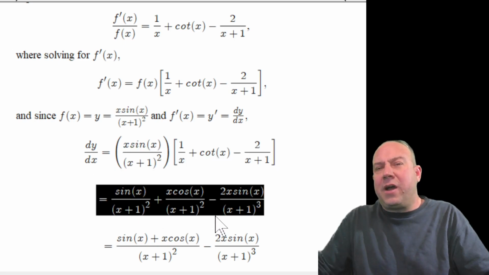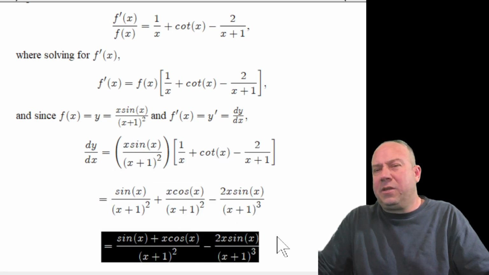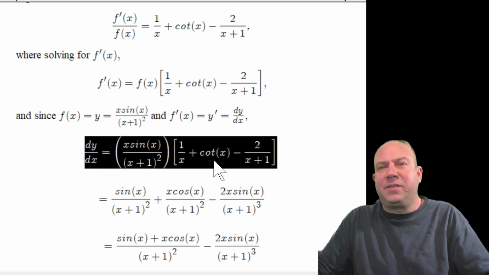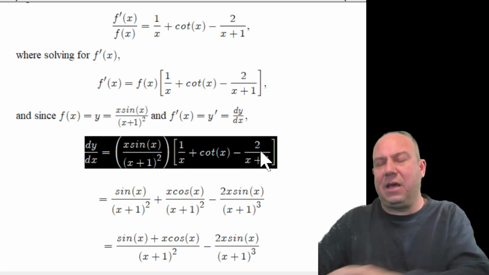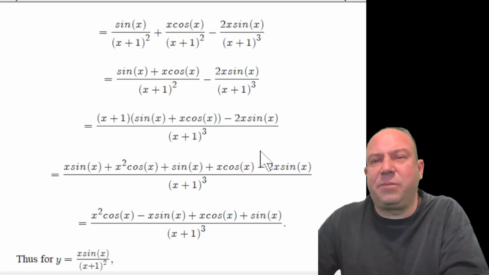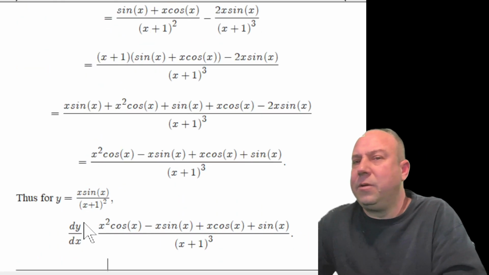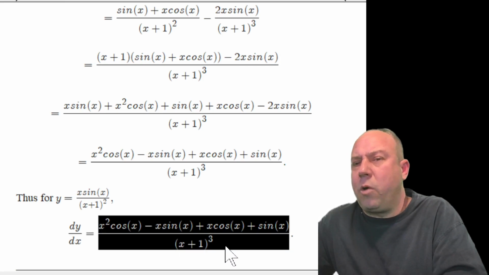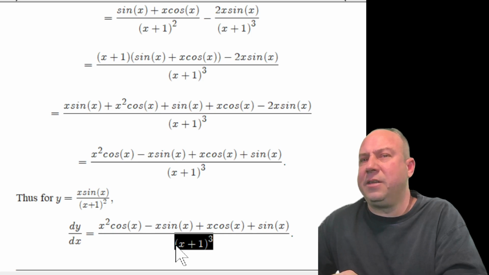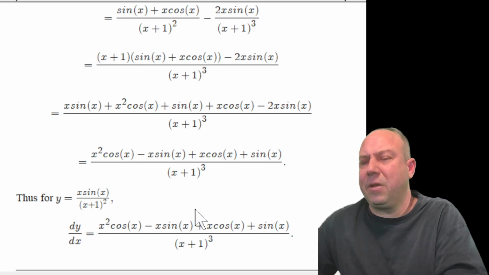Everything else from here on out is really just me performing a little bit of algebra to see if I can clean this up some. Is there a way I can rewrite this simply as a single value, which actually ends up turning into a ratio, with this summation in the numerator over the quantity x plus 1 cubed in the denominator?